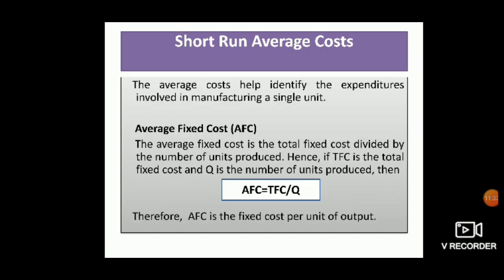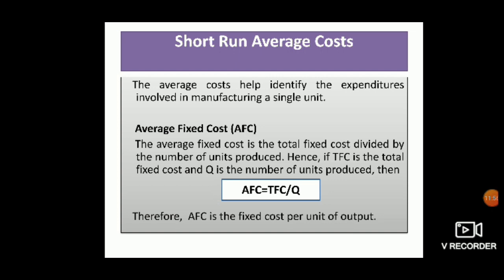Okay. Short run average cost. The average cost helps identify the expenditures involved in manufacturing a single unit. Short run average cost involves average fixed cost and average variable cost.